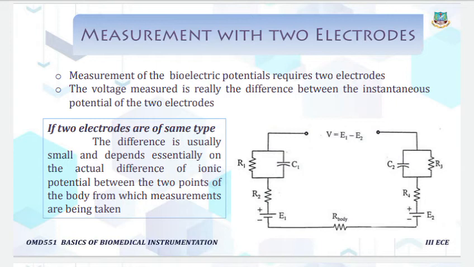The voltage measurement, that is, the signal measurement from the body, requires two electrodes. Normally we use two electrodes, one as the main electrode and the other as the reference electrode.